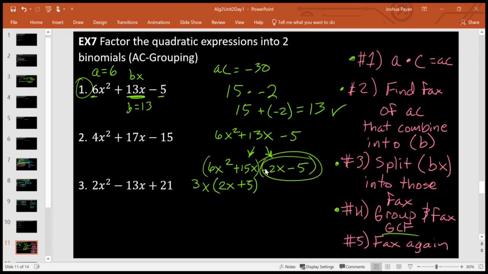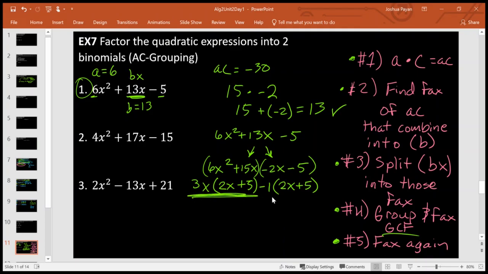Here on the right, and you'll remember in an earlier video, I always tell you guys we don't want that negative leading coefficient if we can help it, and in this case, we can help it. So negative 2x, negative 5, they don't have anything in common except a negative 1. If I factor out that negative 1, now it becomes 2x plus 5. Okay, and that's important because now we see 2x plus 5 here and 2x plus 5 here. They match. That allows us to do step 5, where we factor again.